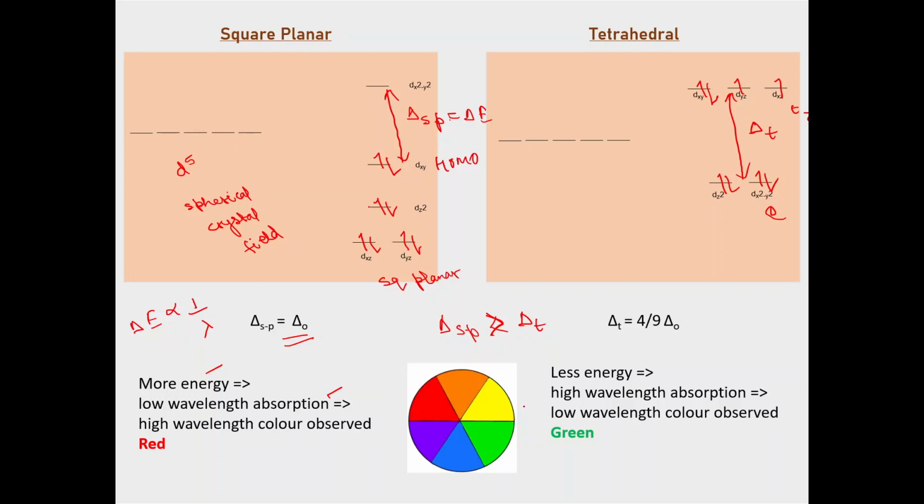I think you know that whatever color is absorbed, we see the complementary color to that. So low wavelength means, with red having the maximum or the lowest wavelength, anyone?